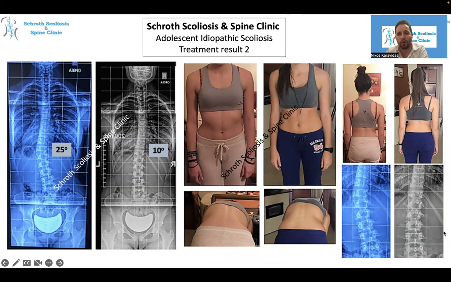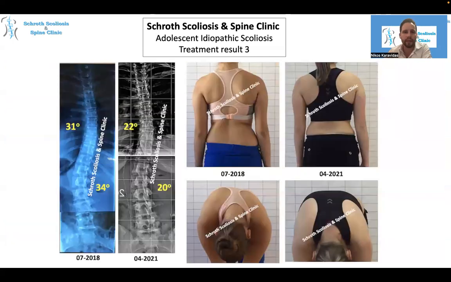And if you take a look at this X-ray to compare the vertebra rotation by the position of the pedicles and the position of the spinous processes, you can see a very significant correction of the vertebra rotation. This can, of course, give us the exact confirmation that what we do is a 3D correction, a detorsion of the spine, combining techniques in all 3 dimensions. This is what we offer in our school.